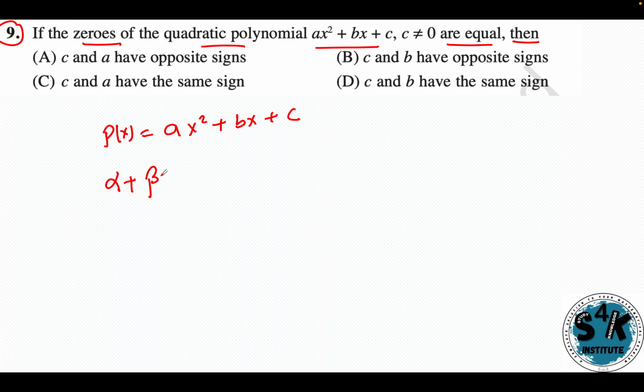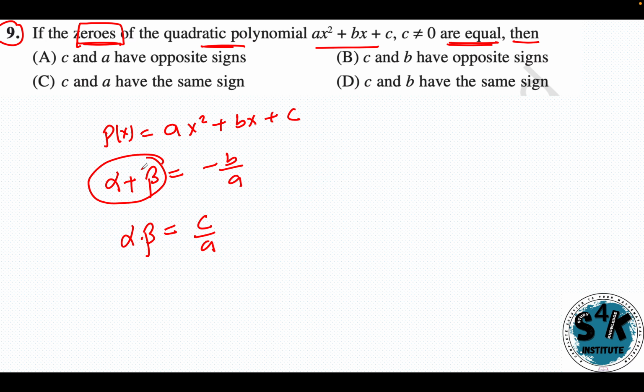Alpha plus beta is equal to minus b by a, and alpha into beta is equal to c by a, and they have given that zeros of the quadratic polynomial are equal. So if they are equal, I can assume 2 alpha is equal to minus b by a, and alpha square is equal to c by a.